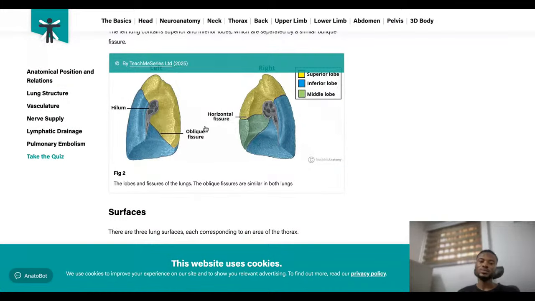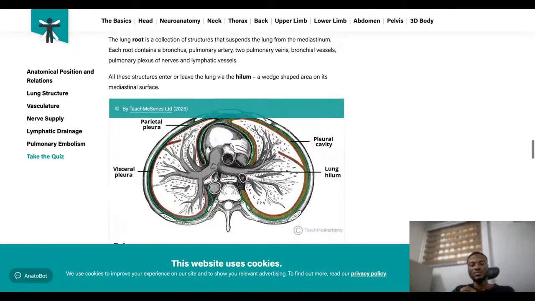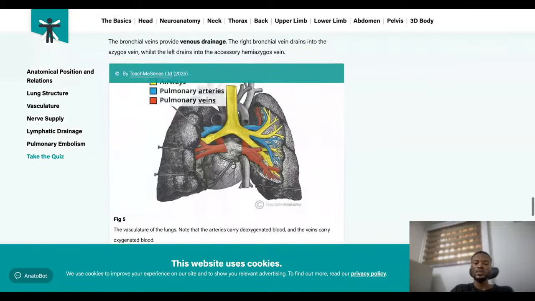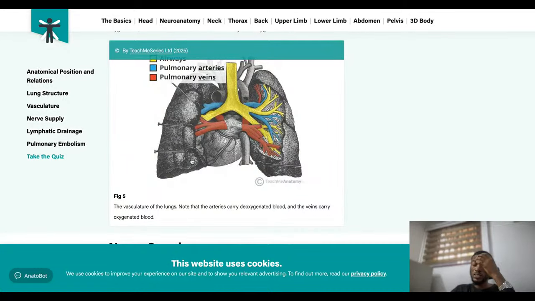As I said, we have two lobes on the left and three on the right. The lung is also divided into segments. So we have the lungs here. We've already looked at it. Now, on the chest X-ray, you appreciate a pair of radiolucent structures.